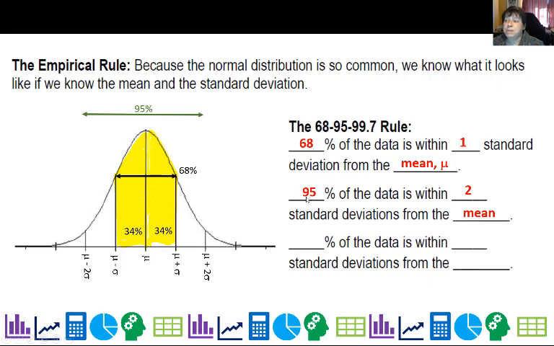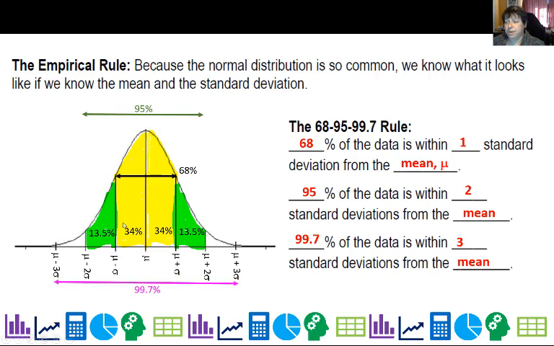That is about 27%, and I'm going to have an equal piece on each side. So I'm going to have 13.5% on the left and 13.5% on the right for those green slices.